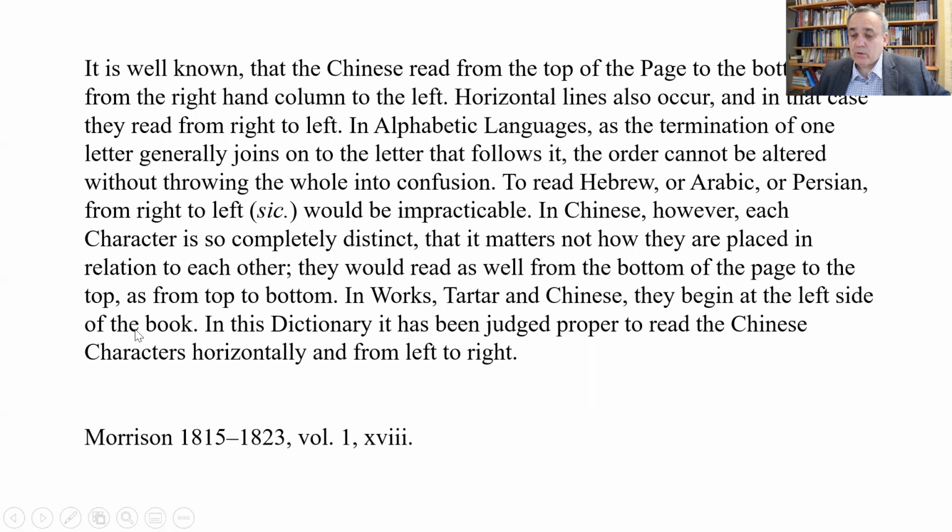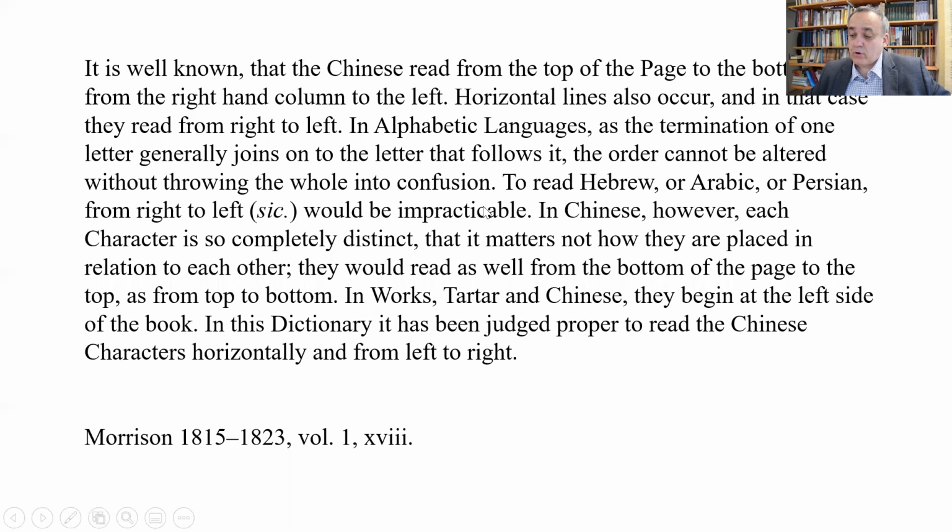And this is what he wrote at the end of his preface. He says, "It is well known that the Chinese read from the top of the page to the bottom, and from the right-hand column to the left. Horizontal lines also occur, and in that case, they read from right to left. In alphabetic languages, as the termination of one letter generally joins onto the other that follows it, the order cannot be altered without throwing the whole into confusion.